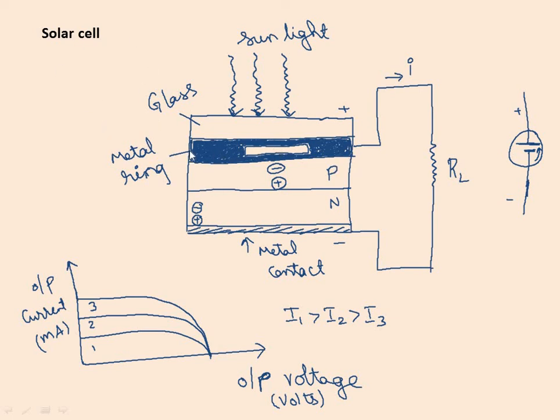Instead of conventional energy sources like thermal and nuclear, it's better to have this kind of source. We are using the naturally available solar energy and converting it into electrical energy.